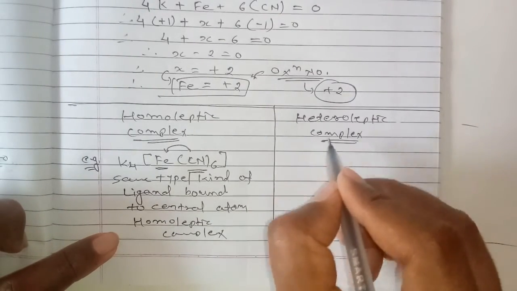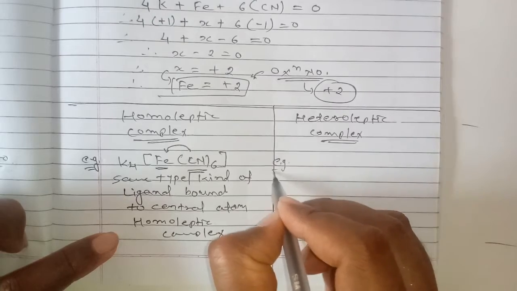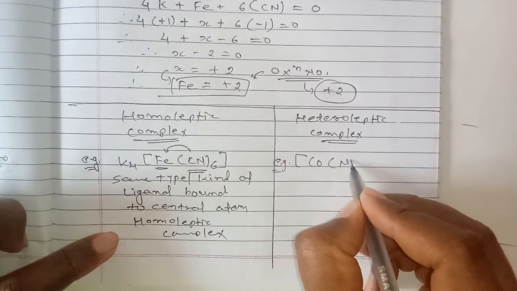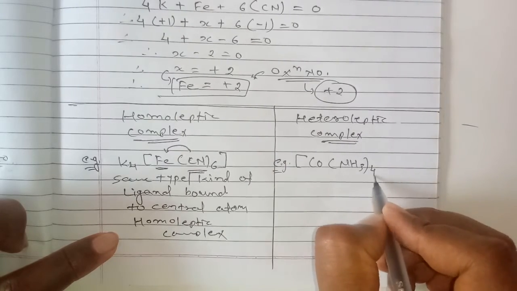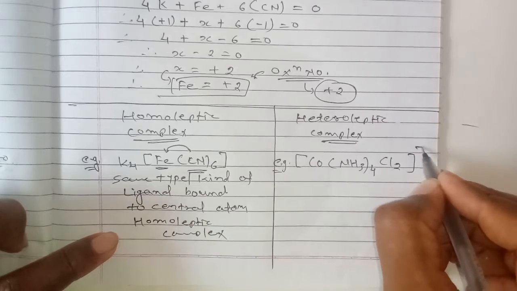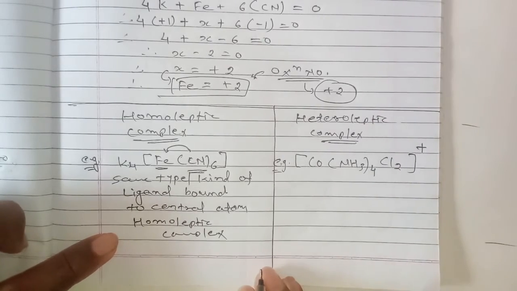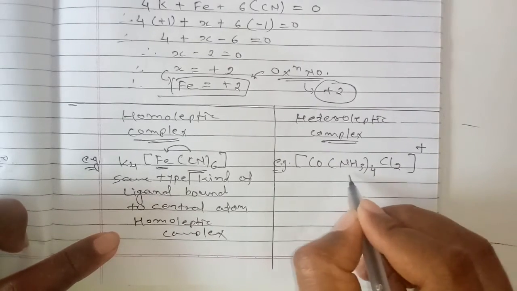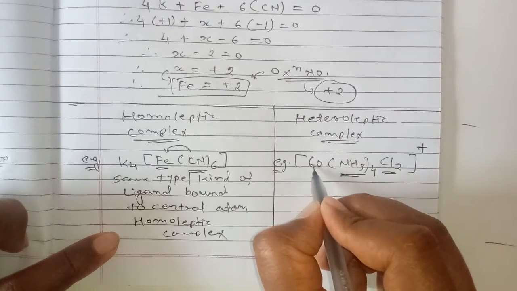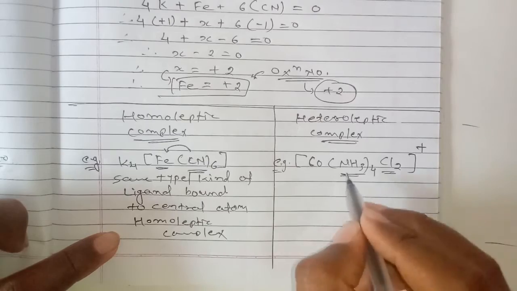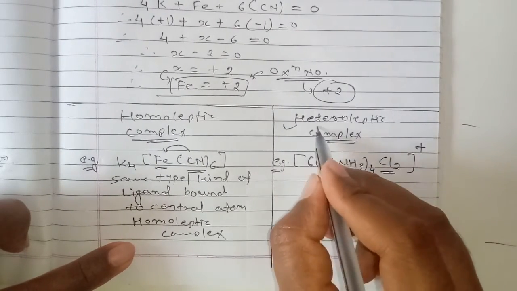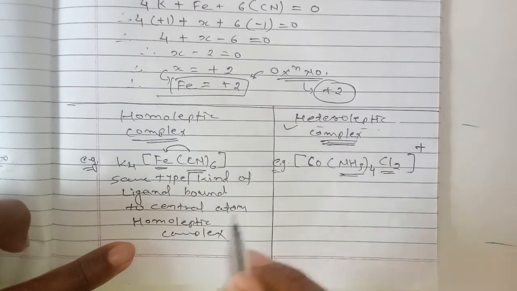For heteroleptic complex, the example here, the [Co(NH3)4Cl2]+. Here the two different types of ligand which is bound to the cobalt. So it is heteroleptic complex.